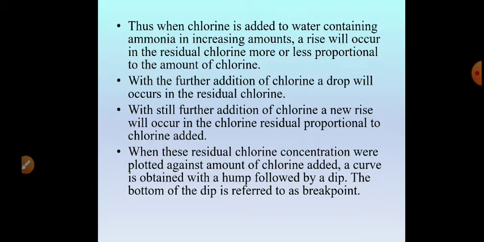Thus, when chlorine is added to water containing ammonia in increasing amounts, a rise will occur in the residual chlorine, more or less proportional to the amount of chlorine. With the further addition of chlorine, a drop will occur in the residual chlorine. With still further addition of chlorine, a new rise will occur in residual proportional to chlorine added. When these residual chlorine concentrations are plotted against the amount of chlorine added, a curve is obtained with a hump followed by a dip.